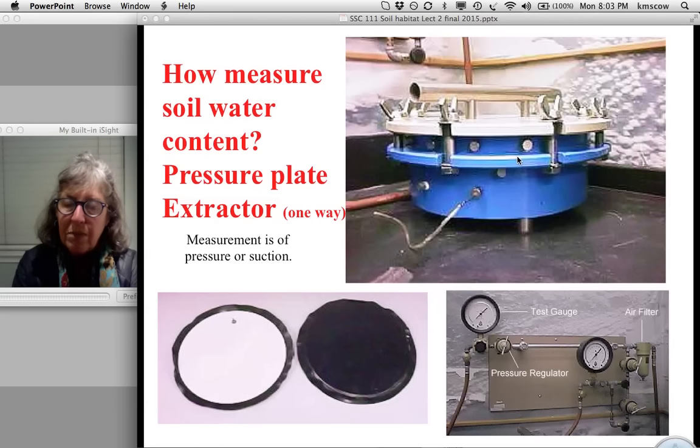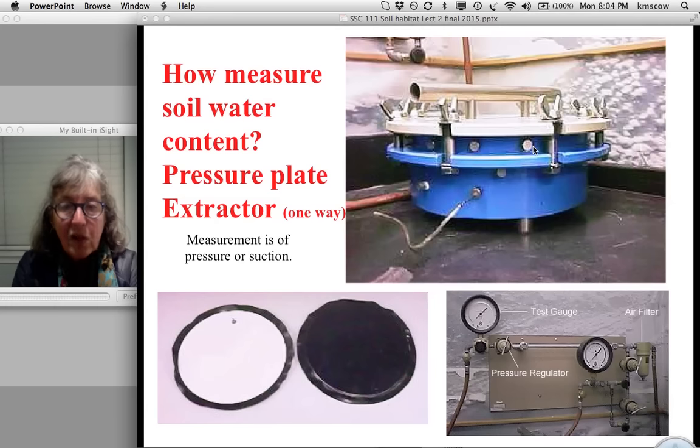You measure the moisture or the mass of the soil before you put it in the pressure plate, and it's always saturated when you put it in. Then you apply different pressures or suctions to that soil sample. So you might do it at minus 0.3 bar, remember what that is?